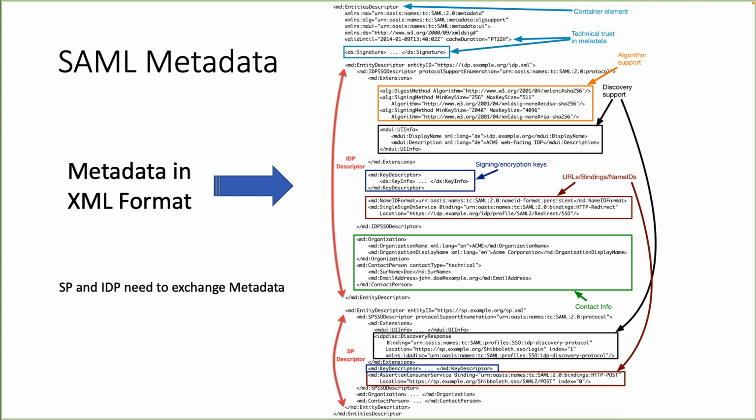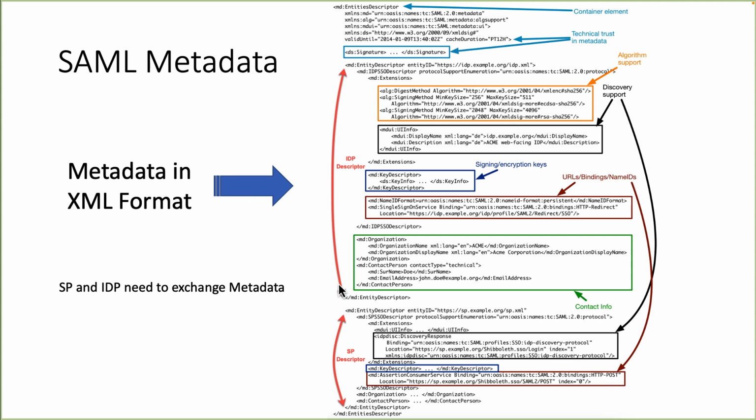The same goes for the IDP. The IDP will need to import the target SP information into its server so that it can honor which SP is supposed to be trusted. And here we are talking about the specific entity IDs that are used to identify each party.